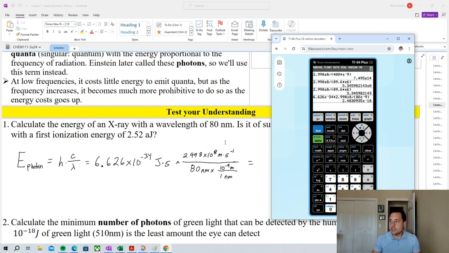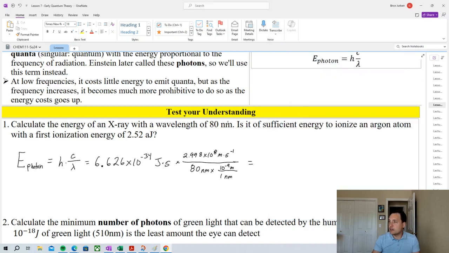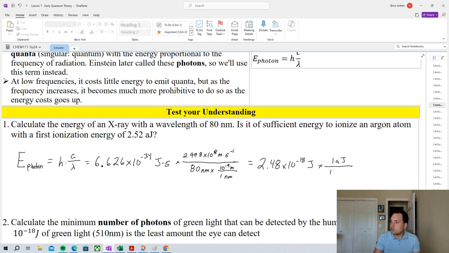So the energy of this X-ray is 2.48 times 10 to the negative 18 joules. And we need to convert this to attojoules. So 1 attojoule is 10 to the negative 18 joules, and 10 to the negative 18 over 10 to the negative 18 will just give me 2.48 attojoules.